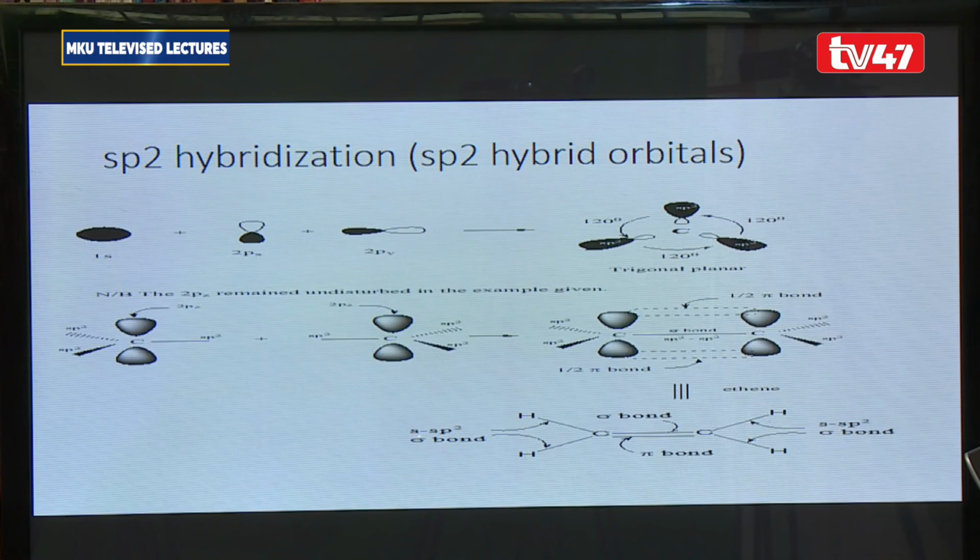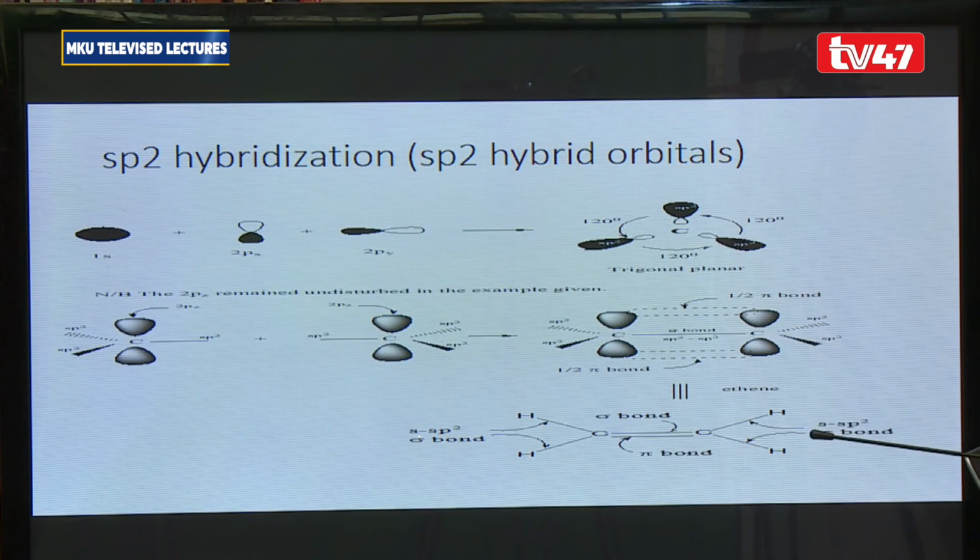Two will form single bonds with other elements or with another carbon, while one will be involved in a carbon-to-carbon sigma bond. One of the simplest examples in sp2 hybridization is ethene, where we have a carbon bonded to another carbon through a double bond, one being a pi bond, the other a sigma bond, while the two other bonds in each carbon are sp2 hybrid bonds.